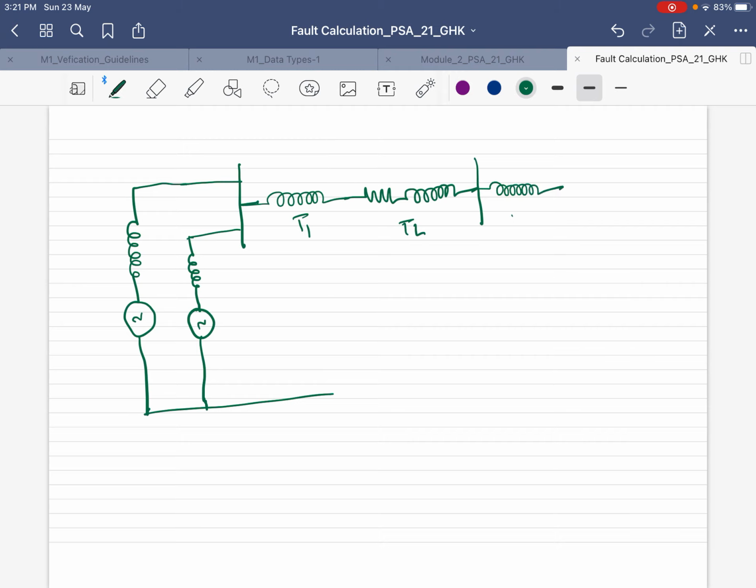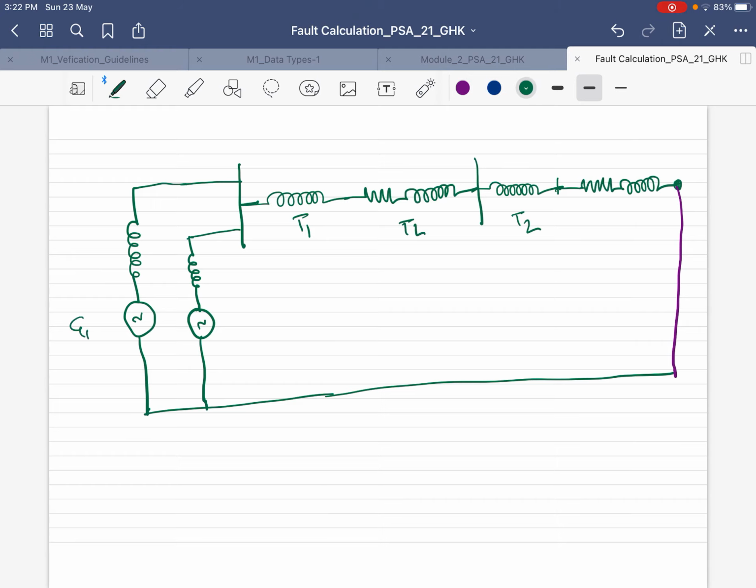This is transformer T2. Then from the transformer T2, there is another cable connected here. At the end, a fault occurs here. Therefore, you can complete your circuit by shorting this.